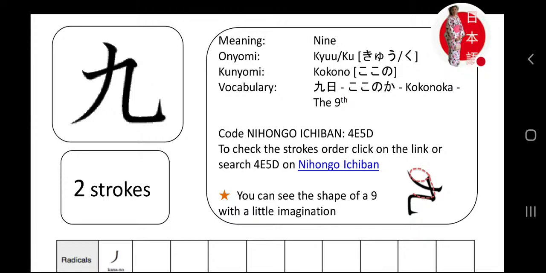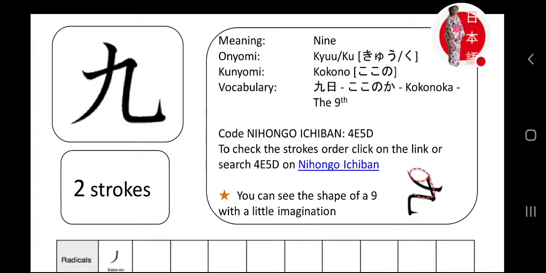The Japanese reading is kokono. For example, we have kokonoka. Kokonoka is the ninth in the calendar, for example, May 9. And then 9, but you only have 2 strokes.